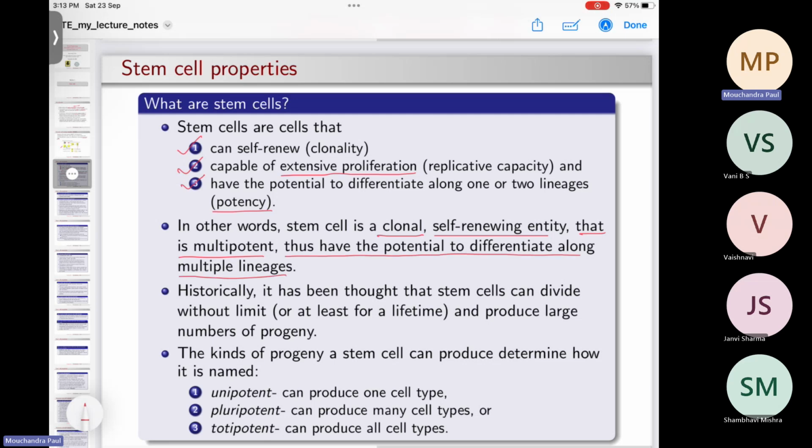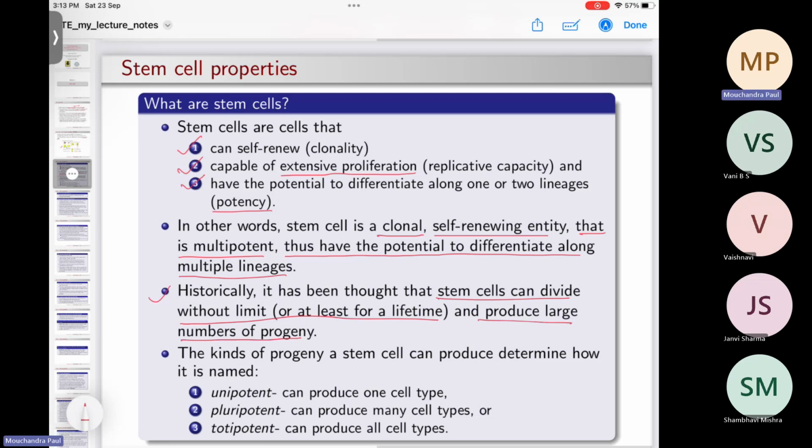Now, historically, it has been thought that stem cells can divide without limit, means at least for a lifetime, and produce a large number of cells. You will realize how this statement is not exactly wrong, but also not exactly correct. As more and more research is coming up in this area, we are learning new things about this particular cell type.